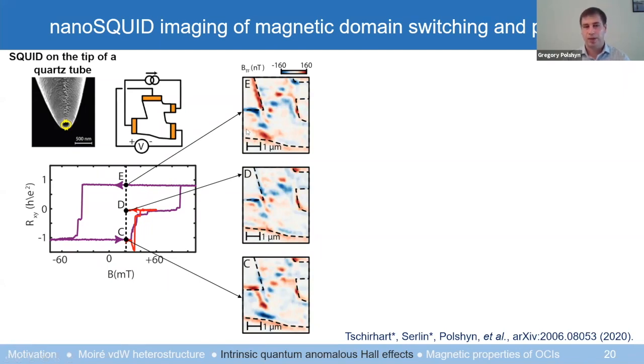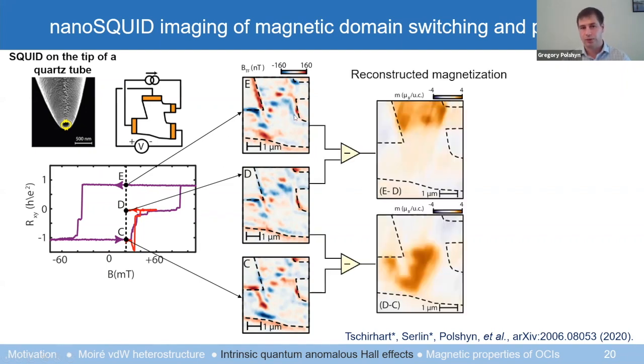So the best way to analyze and interpret this data is to take differences between 2 images, which tell us the difference between state E and D, and state D and C. And this is what we did. We took differences, and from this raw signal we reconstructed the underlying magnetization. Here you can see the magnetization difference between state E and D and C.